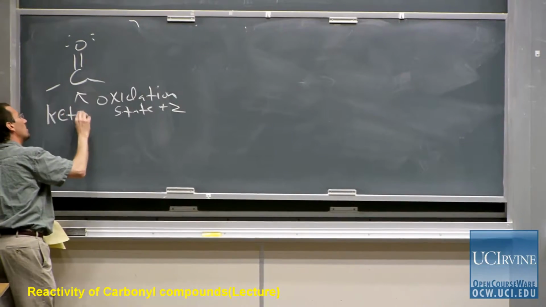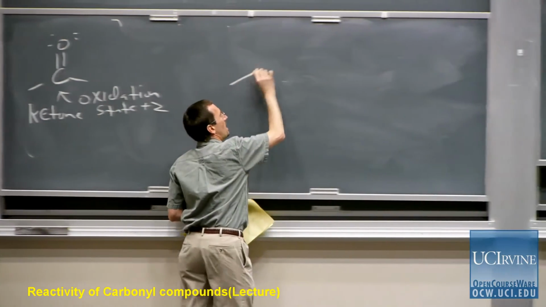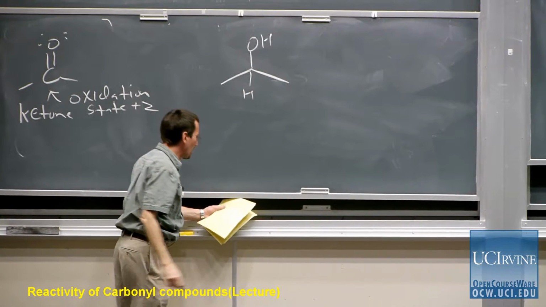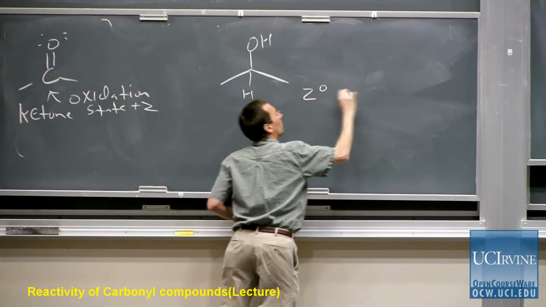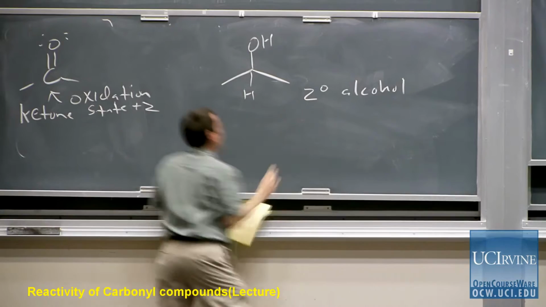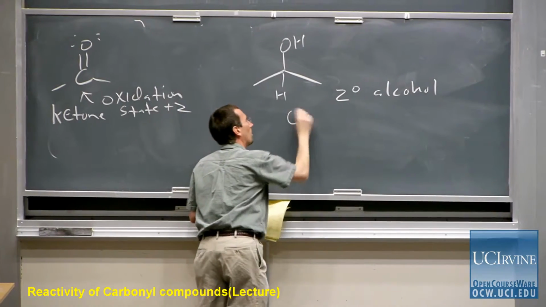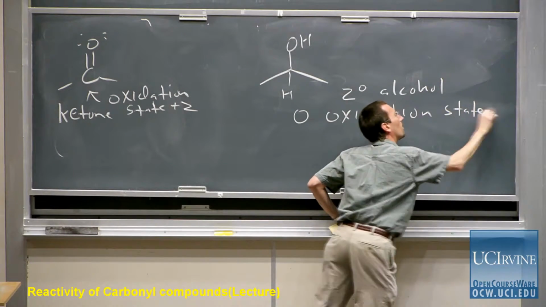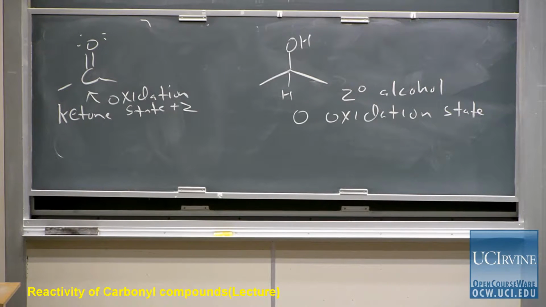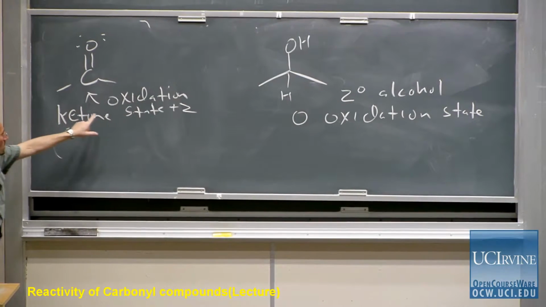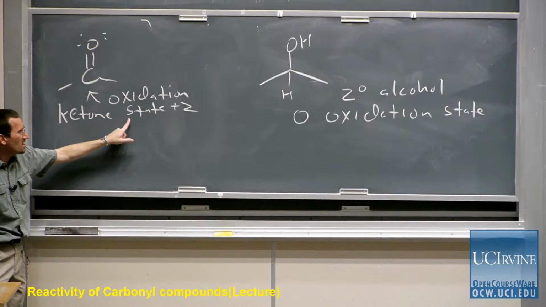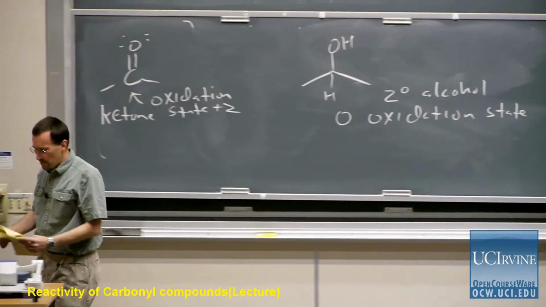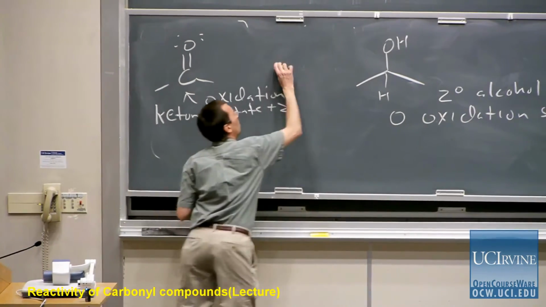I'll write ketone here. In our product, in our particular alcohol that we've generated, our secondary alcohol, our oxidation state is 0. So if you notice, by going from an oxidation state of +2 to an oxidation state of 0, we have undergone a reduction reaction.